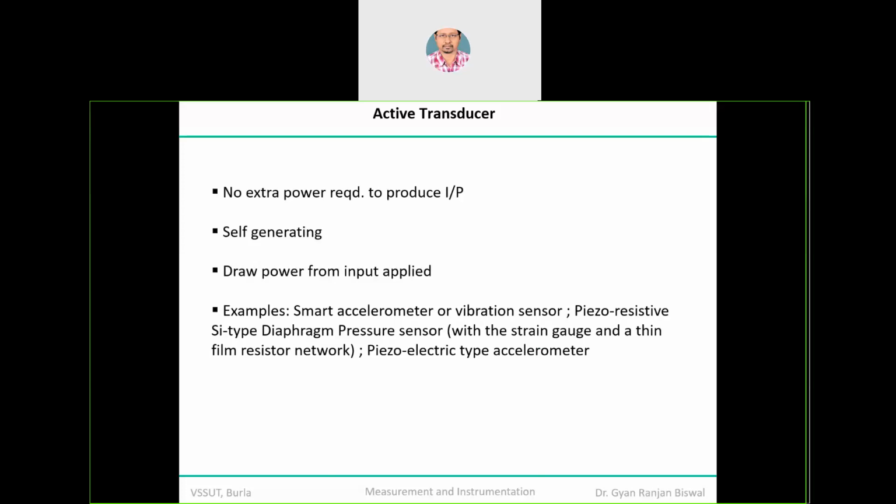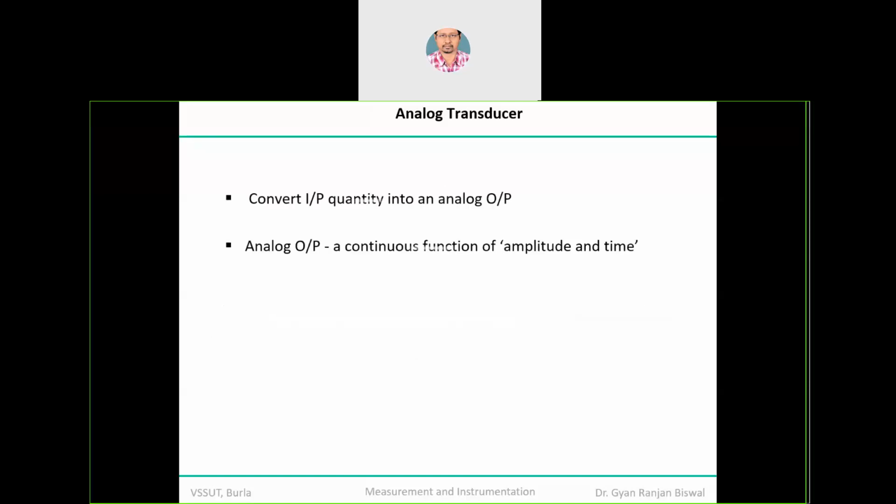Remember, silicon is the active element, a semiconductor element. So smart accelerometers, piezoresistive devices, and piezoelectric devices fall under this category of transducers. No external supply is required theoretically. Practically, if needed, you can use it additionally.